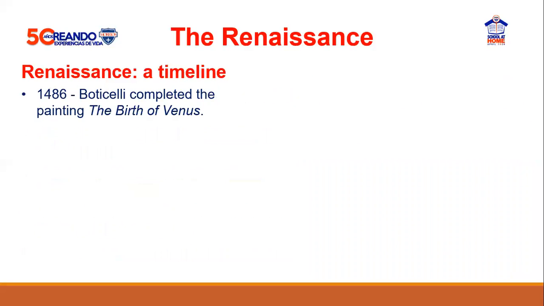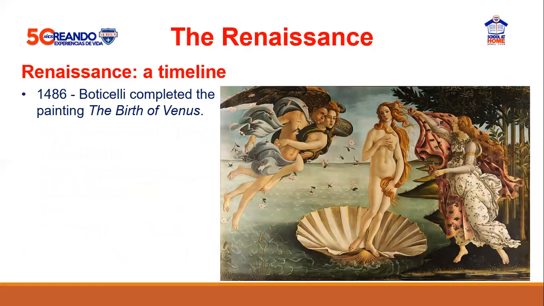In the year 1486, Botticelli completed the painting The Birth of Venus that we saw at the beginning of this presentation. So here again we can see the sense of perspective, color, proportion, and the human figure at the center of the painting. And besides, we have a female.